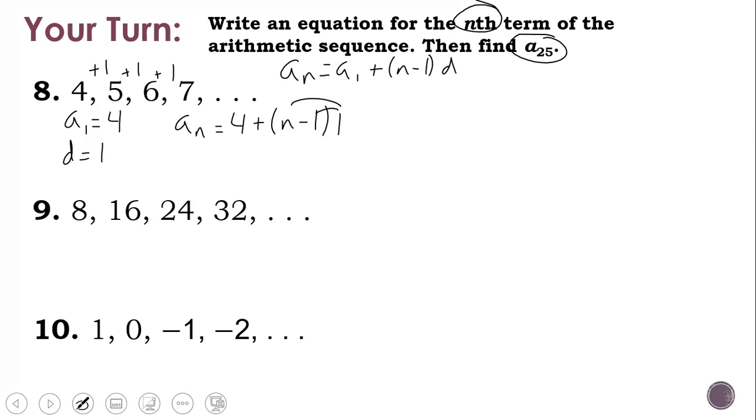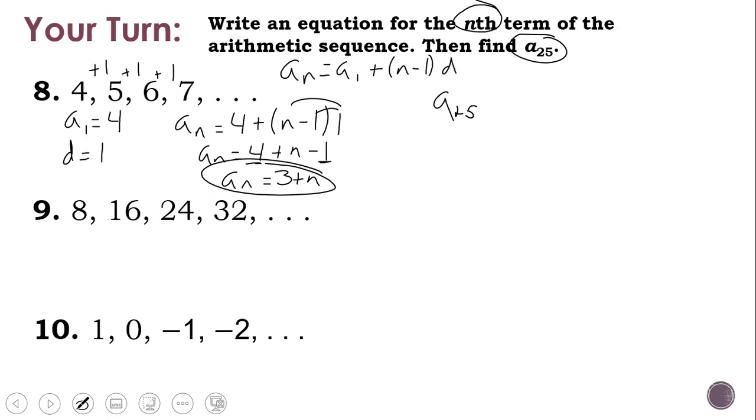Well, I'm just distributing a 1 here. So a sub n is equal to 4 plus n minus 1. A sub n is equal to, combine your like terms, 3 plus n. There's my form of my equation.